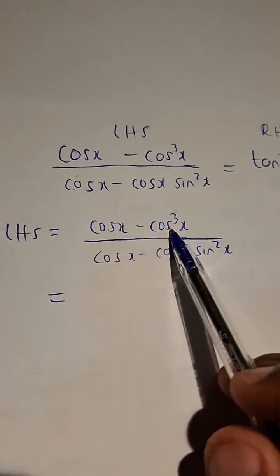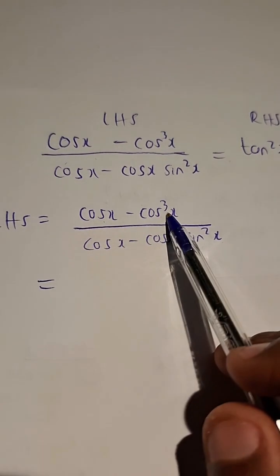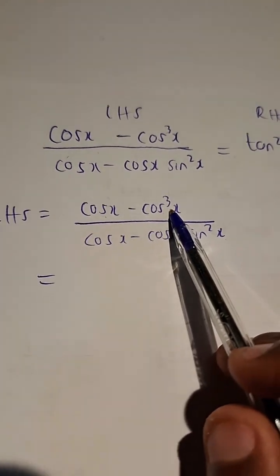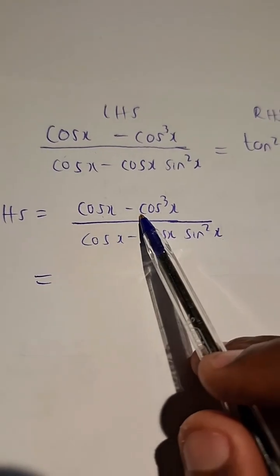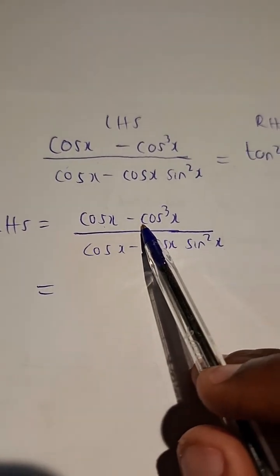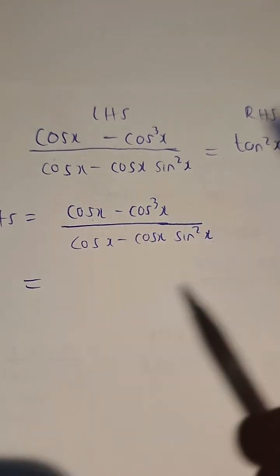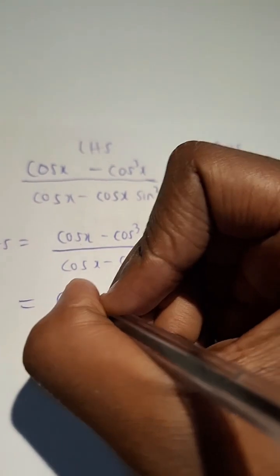We can see there's a highest common factor. What is the highest common factor? Cos x and cos to the power 3x. What is the highest common factor, guys, in the numerator that we need to take out? It's cos x.